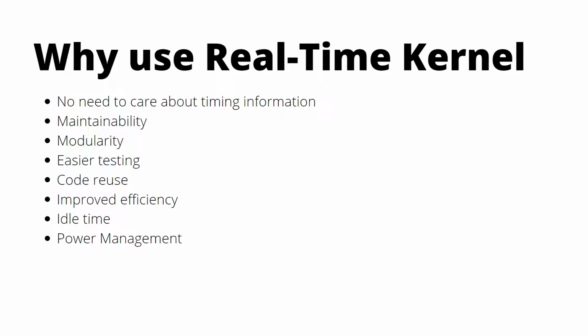Let's see why we should use a real-time kernel. We need not care about timing information, as this kernel, FreeRTOS, is handling timing information for us, meaning which tasks are to be run first according to their priority.